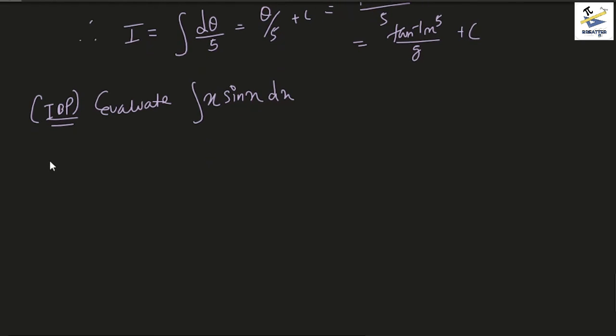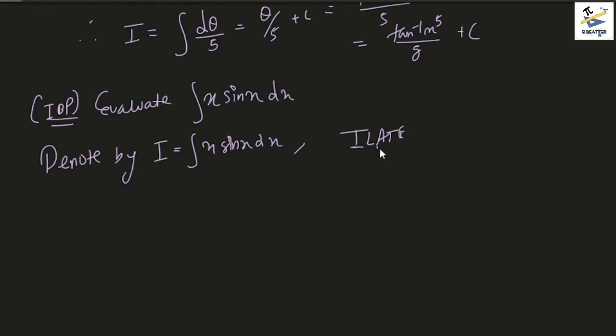So denote the integral by I, and whenever we see functions which are a product of two different kinds of functions, we try to remember our ILATE rule, where we know which one to take as the first function and which one to take as the second function. In the ILATE rule, the algebraic function comes before the trigonometric function. So the algebraic function should be function 1, and the trigonometric one should be function 2, right?